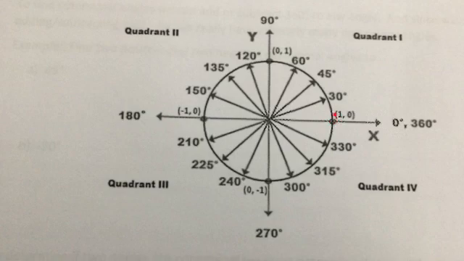If I rotate right to here, that's a 30-degree rotation. I've rotated 30 degrees. This would be a 45-degree rotation, 60-degree rotation. That is a 90-degree rotation. And then you see we're going in increments plus 30, plus 45, plus 60, and then plus 90. We'll use that pattern over and over again in Trig.